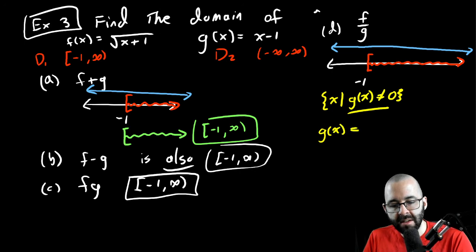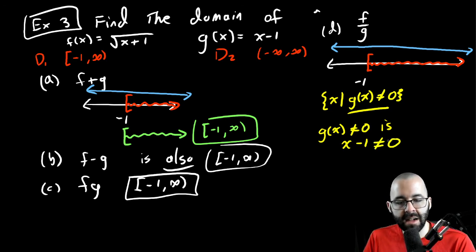Well, g of x not equal to 0 is, well, what's g of x? It's x minus 1. So this is all the points where x minus 1 is not equal to 0. Well, add 1 to both sides. That's the point where x is not equal to 1.